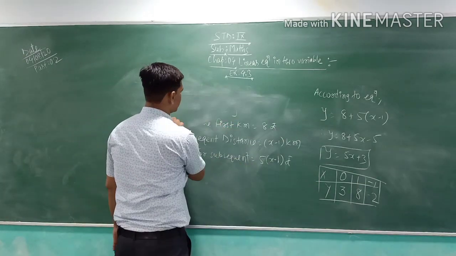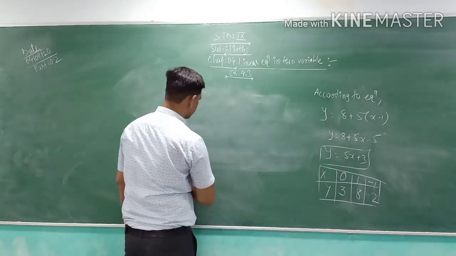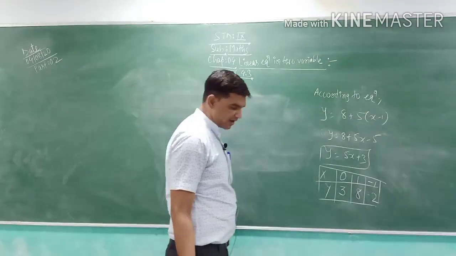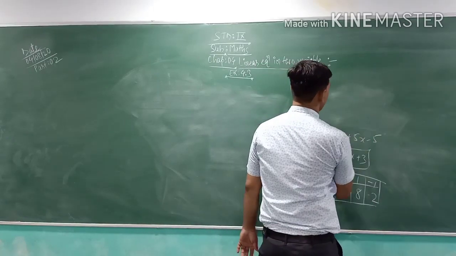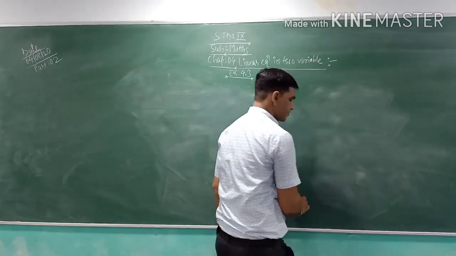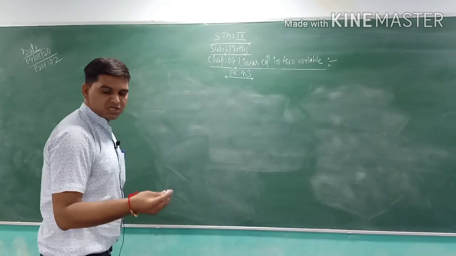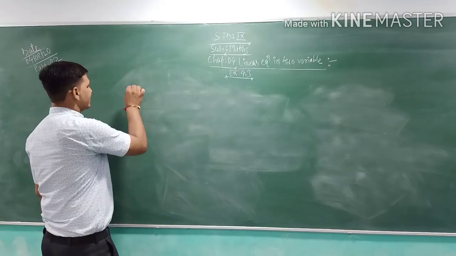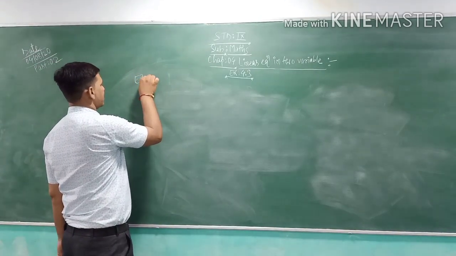Question number 5 is a part of the graph that can be easily represented by you. Now we are moving on to question number 7. In questions number 7 and 8, there are two questions we have to verify. That is the last topic of this chapter.